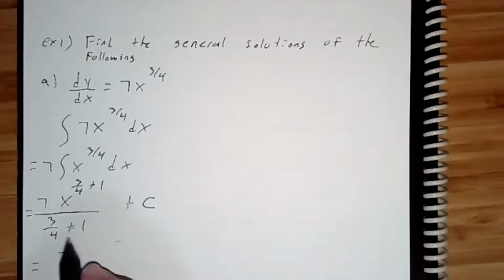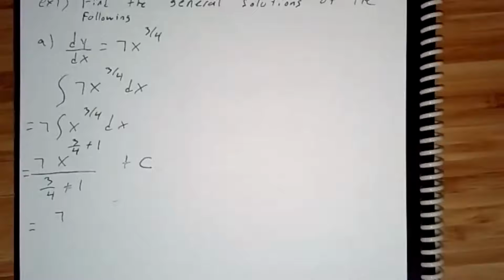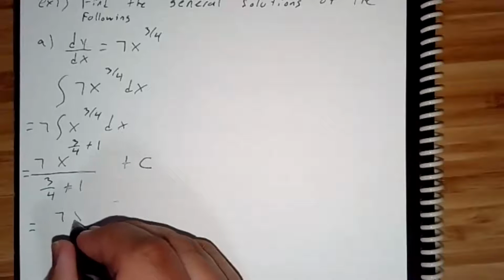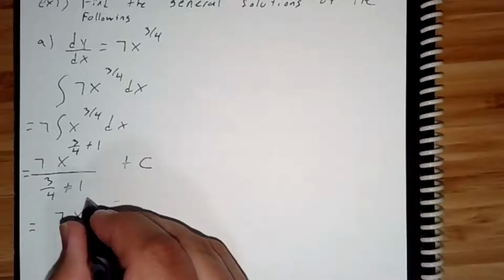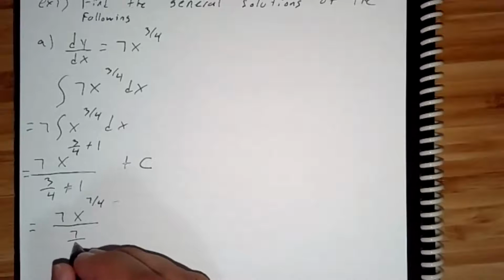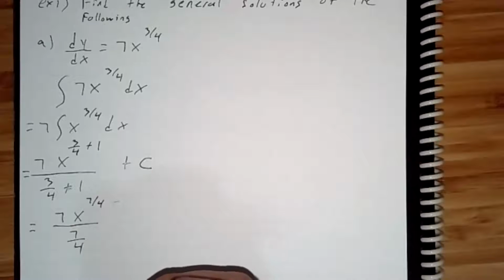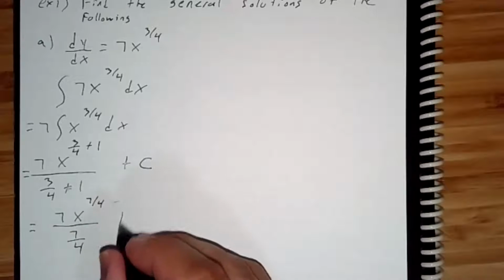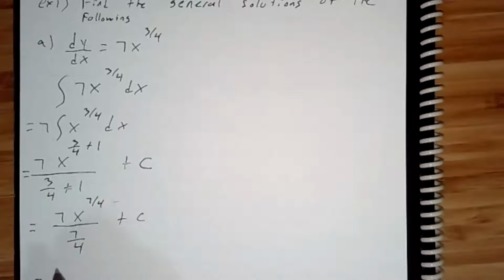That's 7/4, right? It's 7/4. Which will give us 4/7 times 7 times x to the 7/4, right? After we do our algebra.